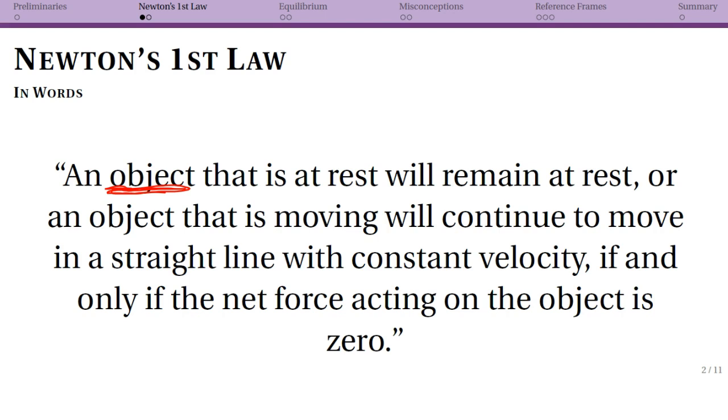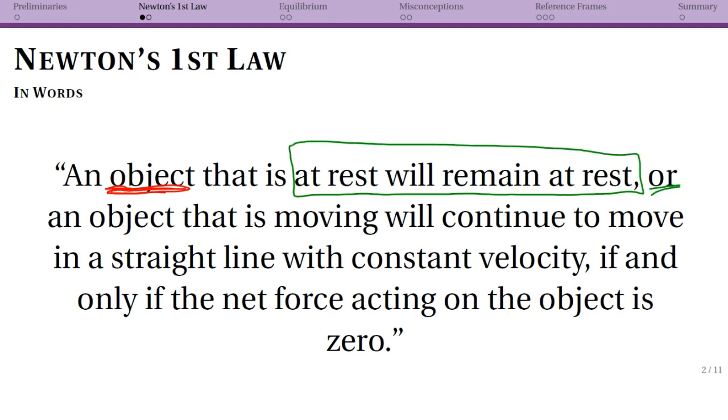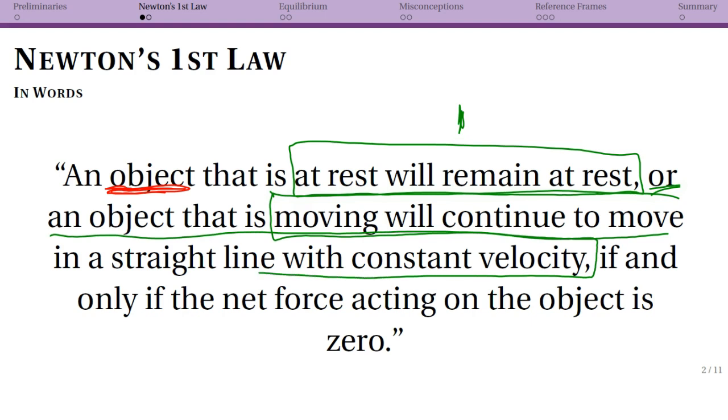And then of the things that are stated after it, there are actually two statements with an "or" in between. So at rest will remain at rest, or, so this is option 1. Option 2 is moving will continue to move. Now note that this actually keeps going in a straight line with constant velocity. Okay, so there are actually two parts here, and this here is number 2.